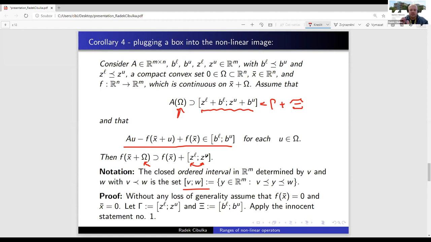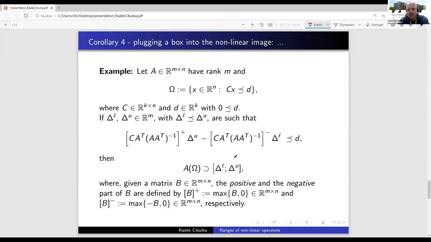So this is purely the finite dimensional case, and just a small remark that you can ask how to ensure this first inclusion, the solvability of the linear equation for each right-hand side from a box. Then this is of course done and well known, I think, but I can somehow present it.